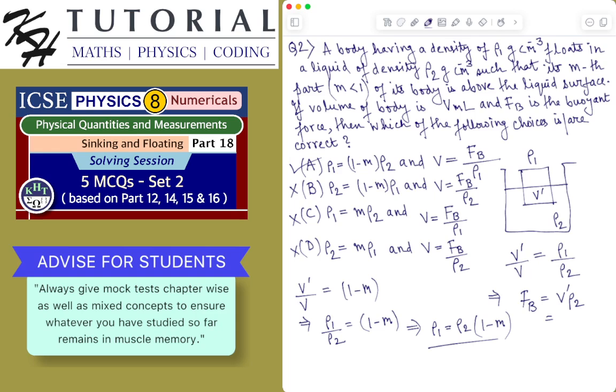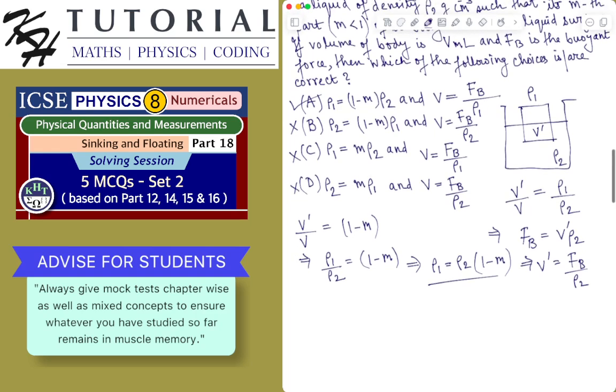We have Fb equals V dash rho 2. Fine. Now from here V dash is equal to Fb by rho 2.